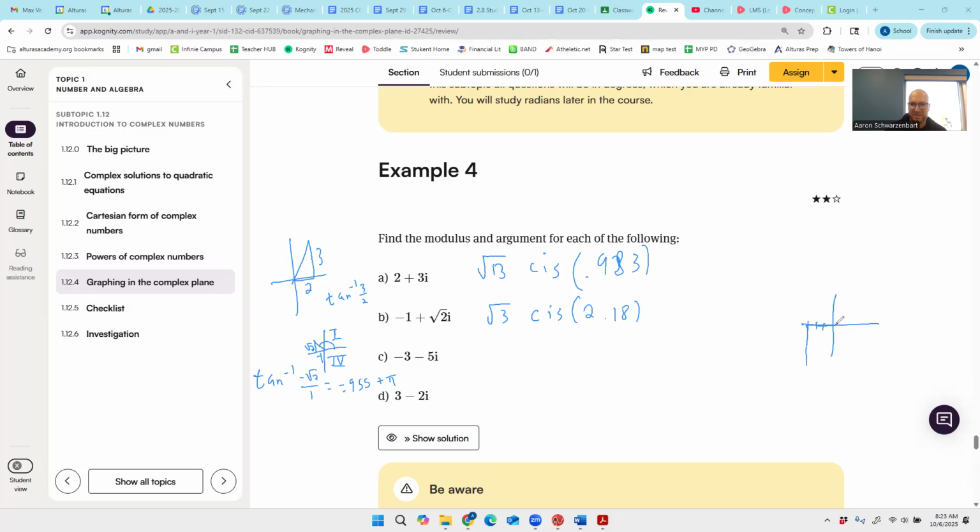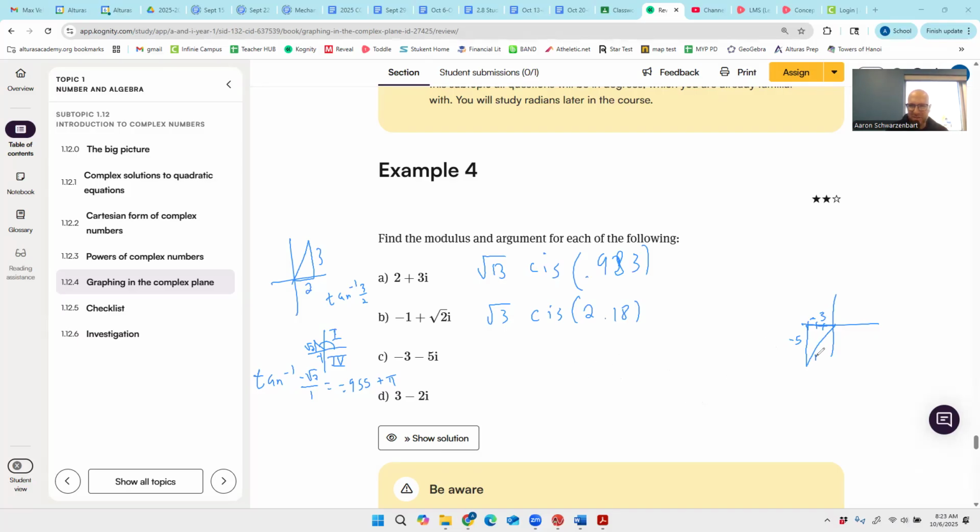That makes sense? We're going on a scale of 360, because a circle is 2 pi. It's out of 2 pi, 6.28.